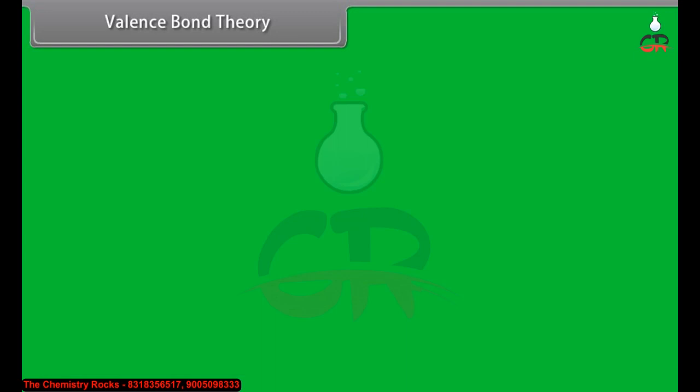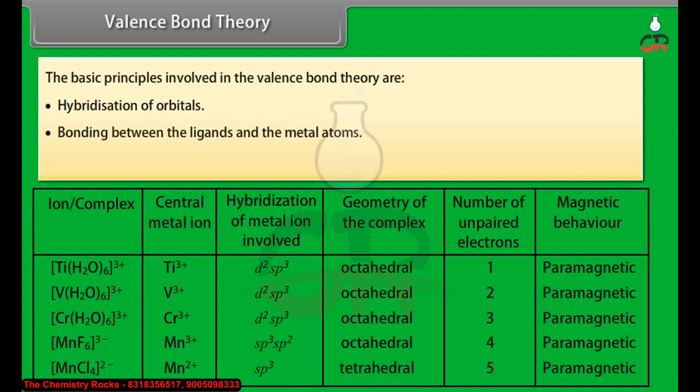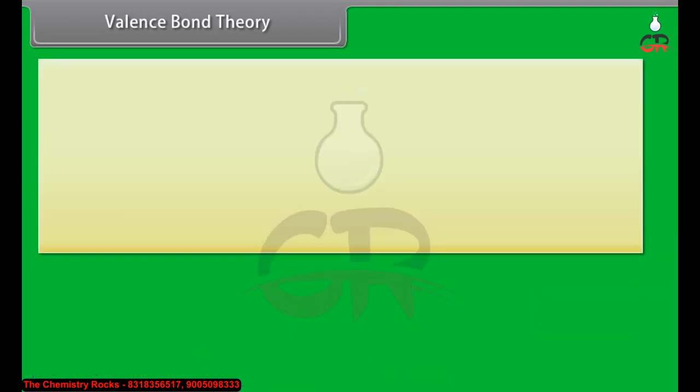Valence bond theory. The basic principles involved in the valence bond theory are hybridization of orbitals, bonding between ligands and the metal atoms, and the relation between the observed magnetic moment and the bond type.